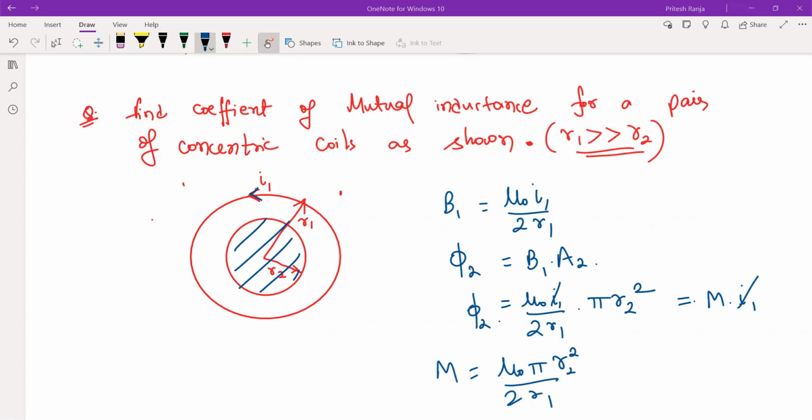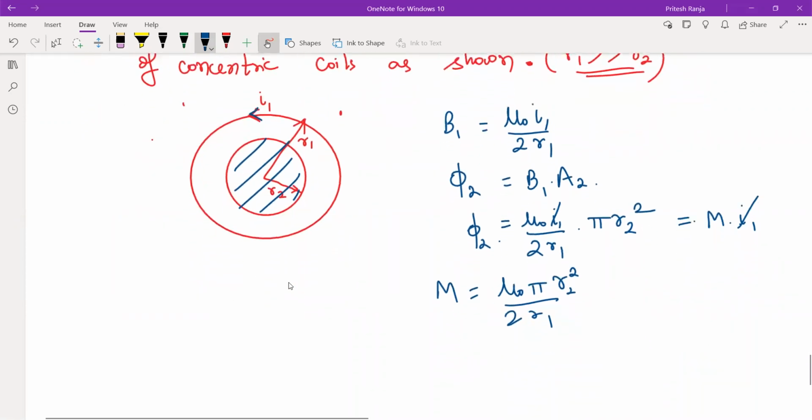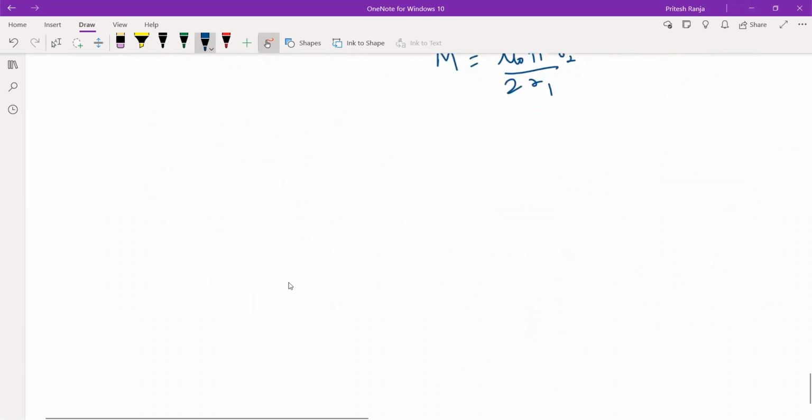Okay, let us do one more question related to solenoids.